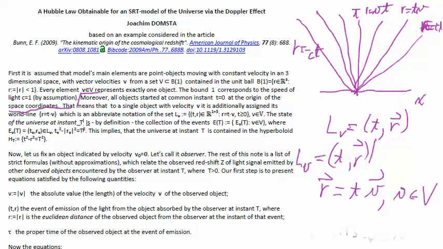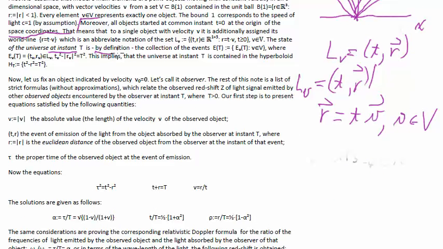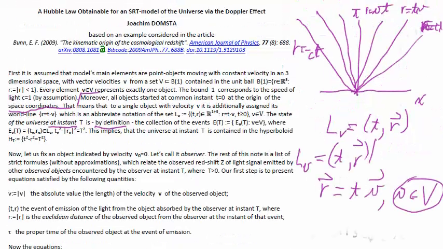The state of the universe at instant t, and this is, I think, in cosmological time. And this is by definition. I really feel like a definition should include both the words... because V was selected from a discontinuous set, the instant t is composed of a discontinuous set of events.